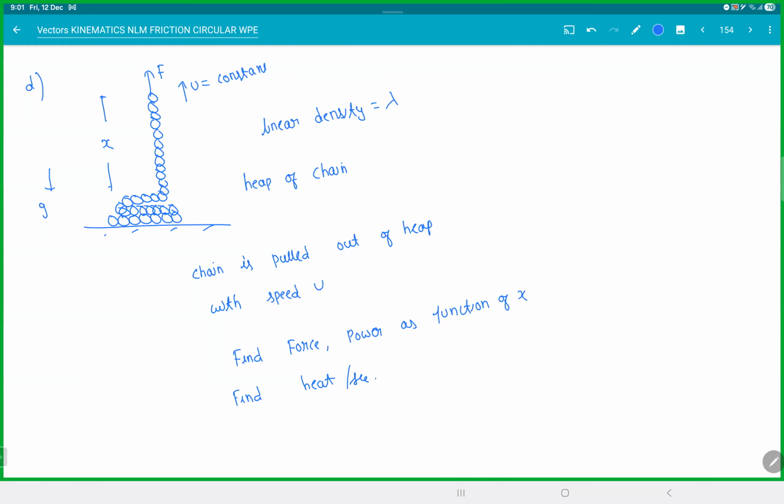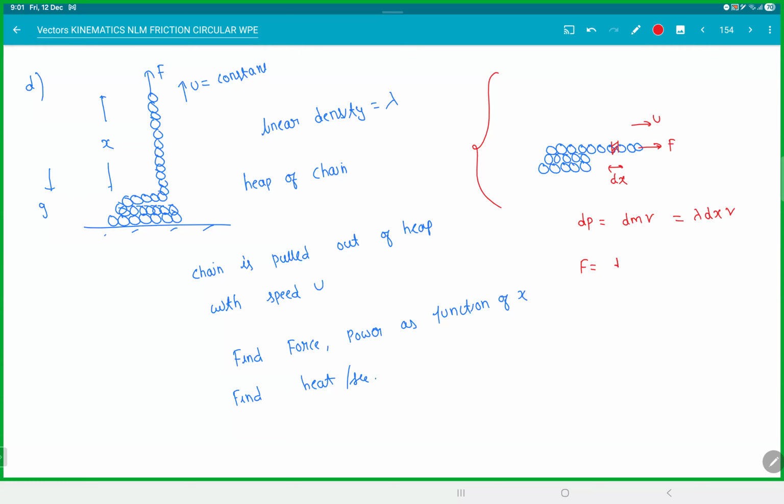What is the catch? In case you don't know this, let me add something here. Suppose you have a chain, and you're just pulling the chain out of the heap with a speed u. If you take a small piece dx, the momentum will be dm into v, which is lambda dx into v.